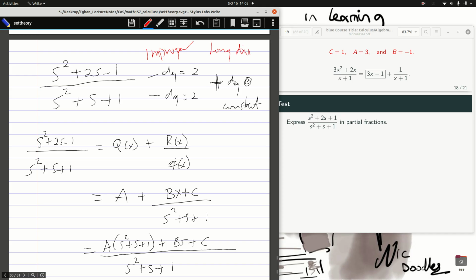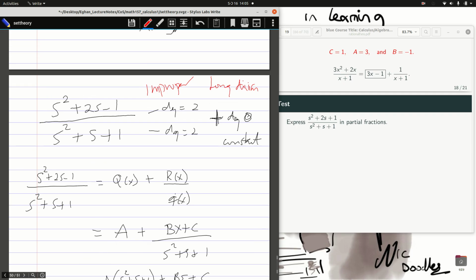But long division here will be quite difficult to do, as you're looking at s squared plus s plus 1 divided by s squared plus 2s minus 1. You can easily do this. You get the same answer, trust me, which I'll do afterwards.